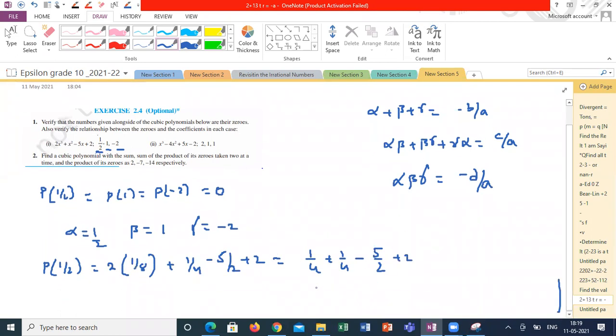This will be 1 by 4 plus 1 by 4 is 2 by 4, that is 1 by 2, plus 2 is 5 by 2, minus 5 by 2. It's 0, correct.